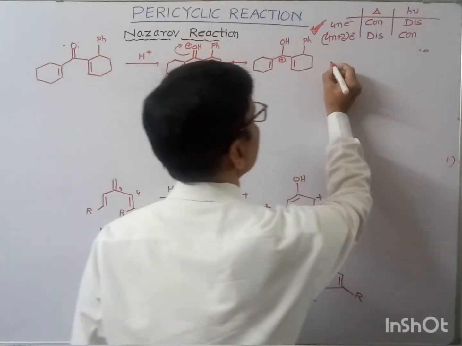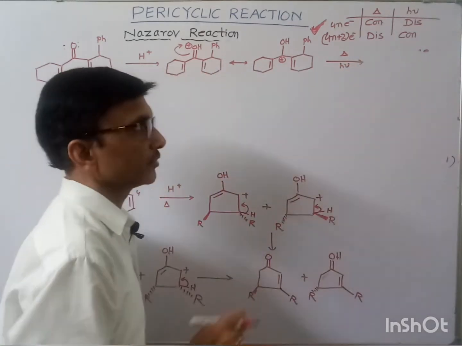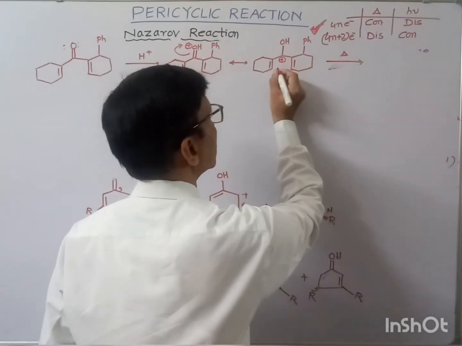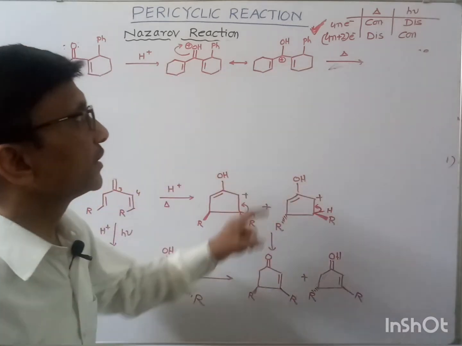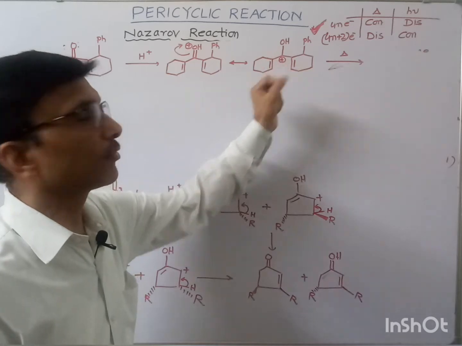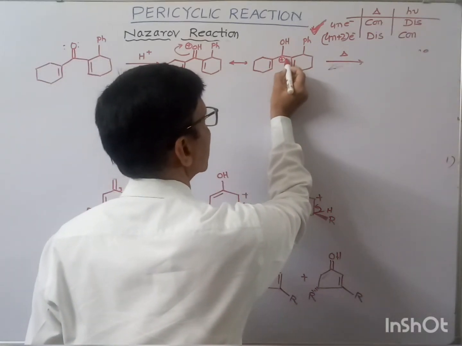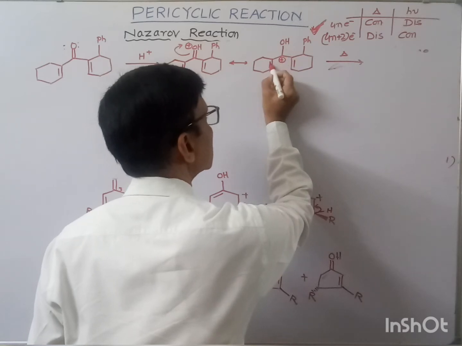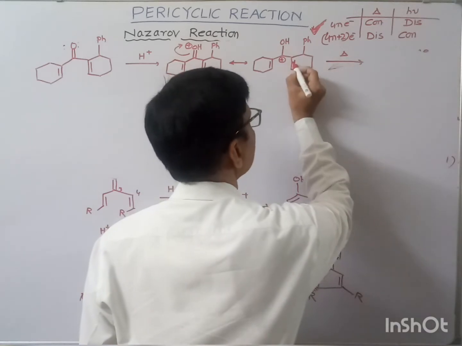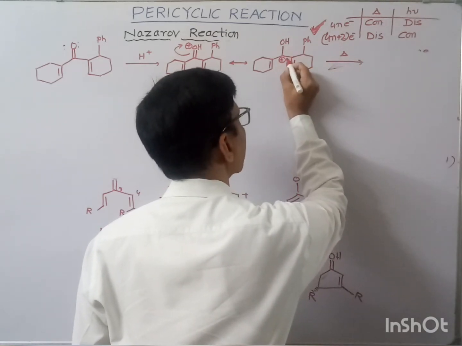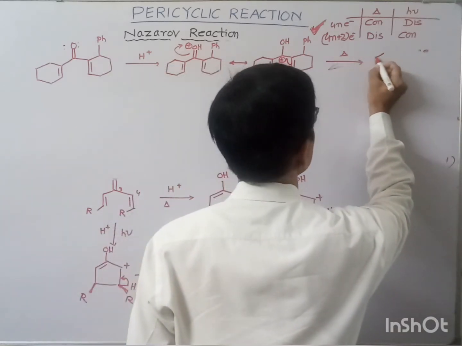Now electrocyclic ring closure will take place in thermal condition. The question is where the positive charge will come, so where the double bond should come. Either the double bond may come here or the double bond may come at this position.